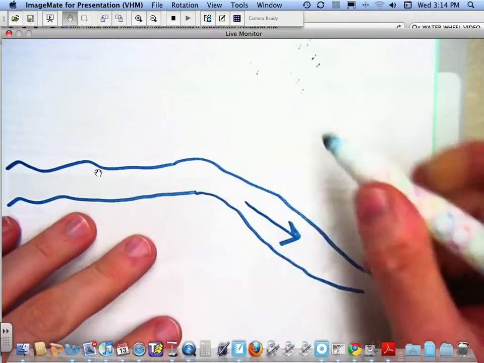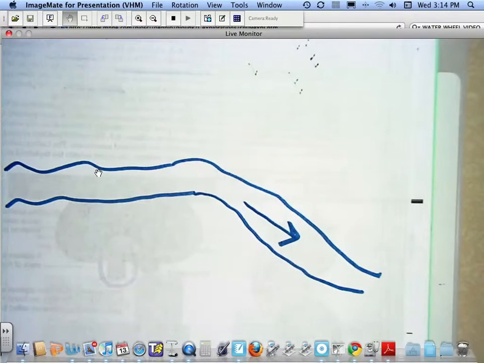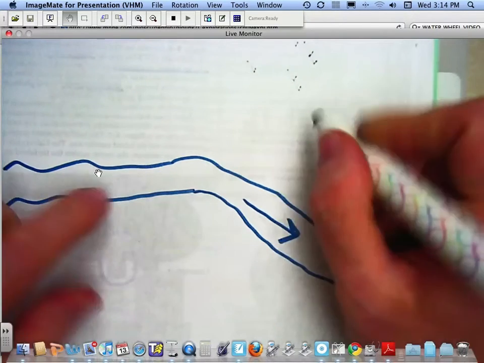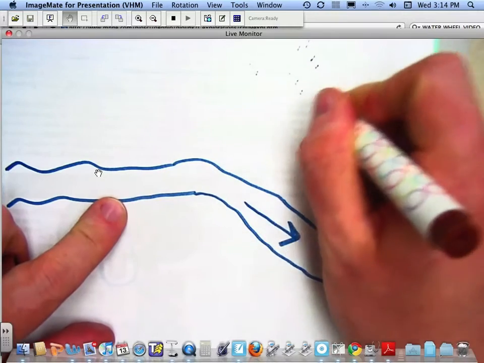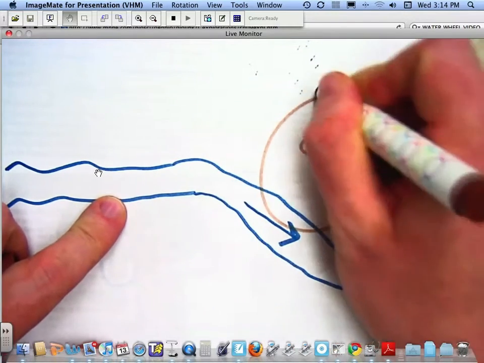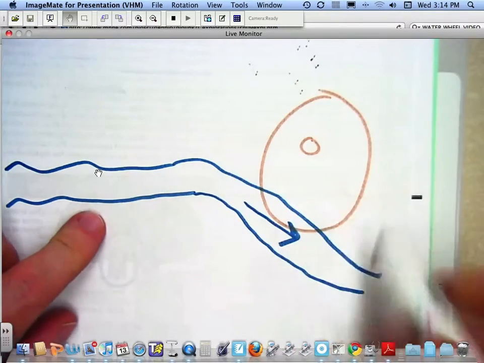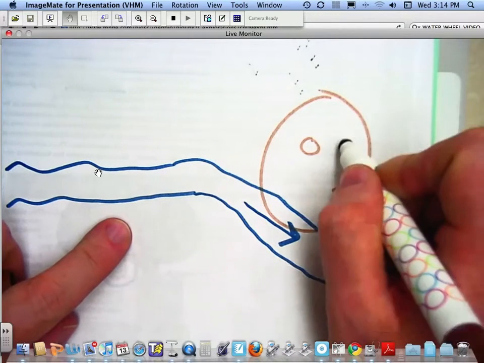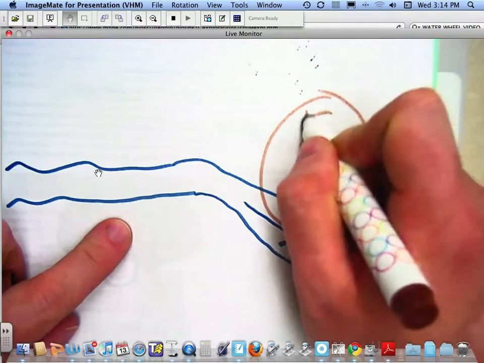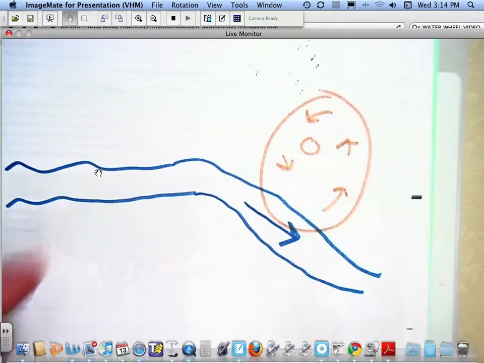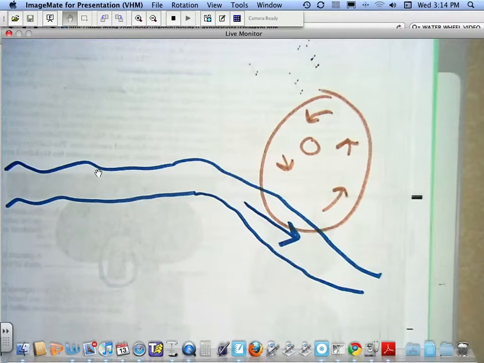Some people have been smart enough to build a water wheel, which is a wheel that dips into that water. As the water moves past it, it pushes the wheel round and round. And people have used the water wheel to do work.